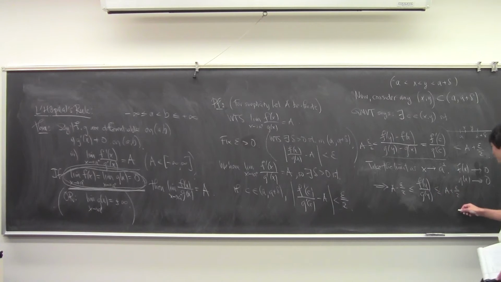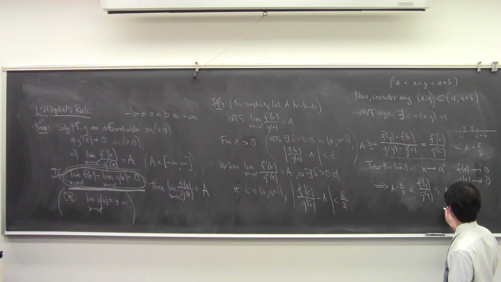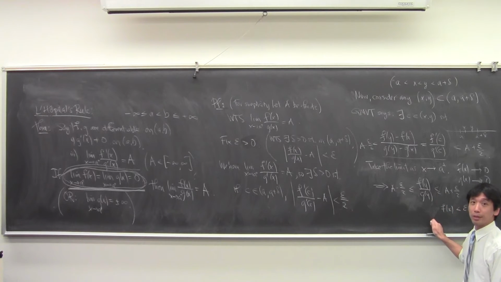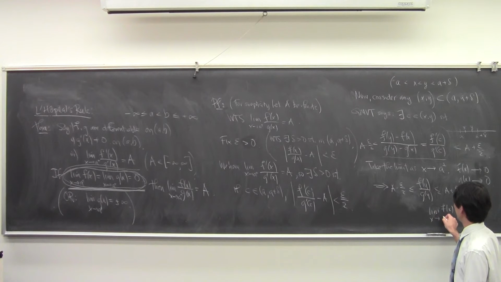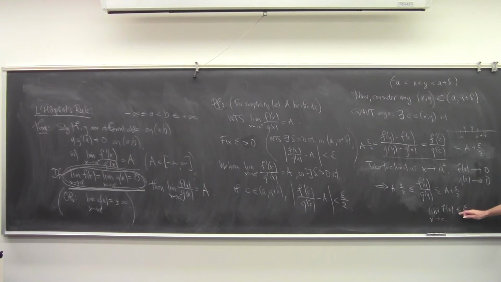If you have some function and it's less than some number for all values of x, in the limit as x goes to some point, it could actually become equal to it.